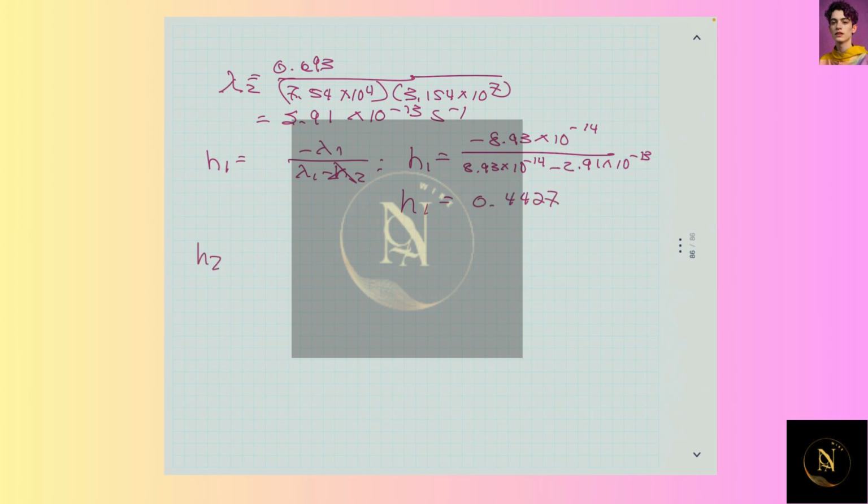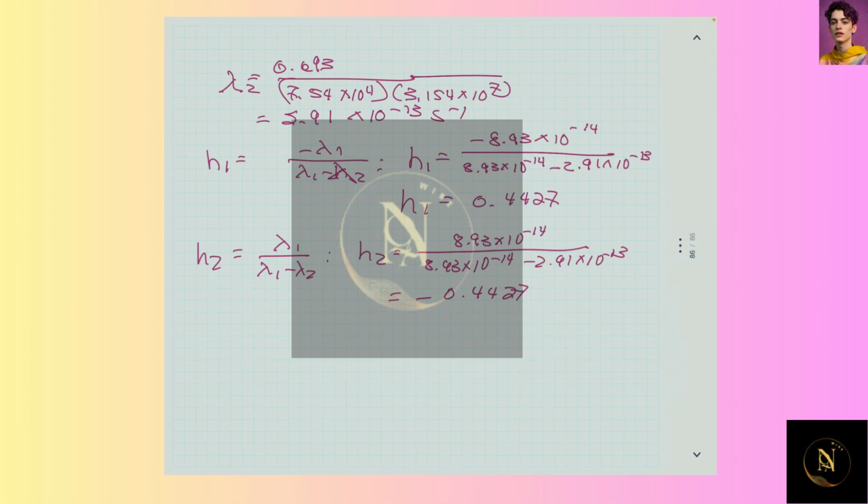Then solving for h2, it'll just be the positive. And that will equal negative 0.4427.